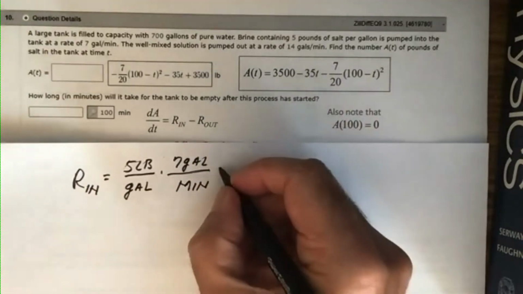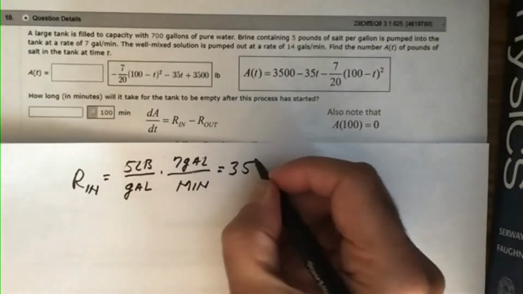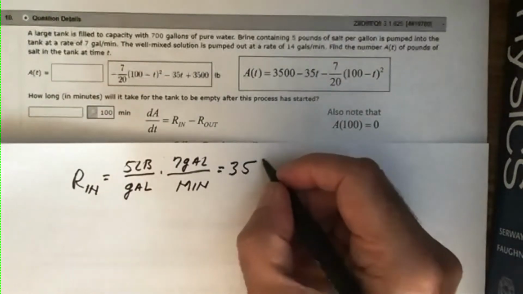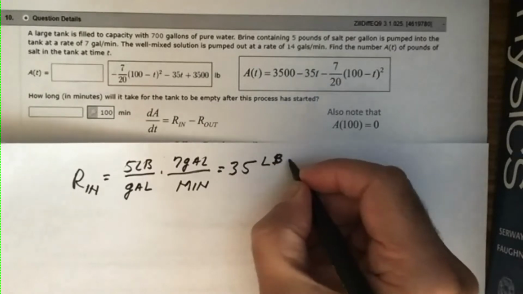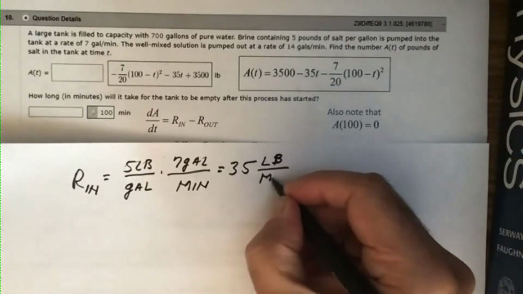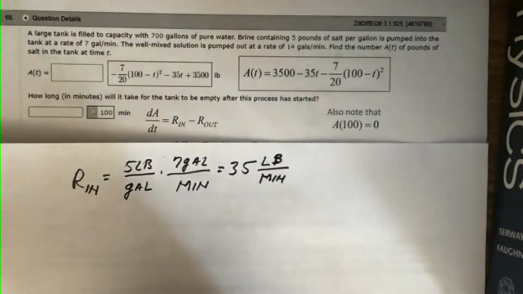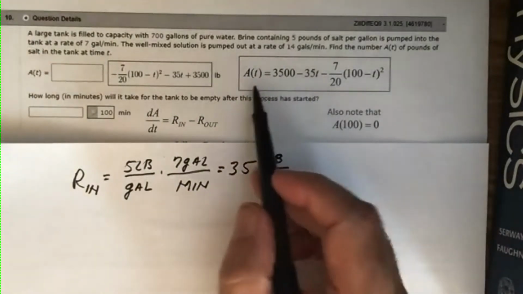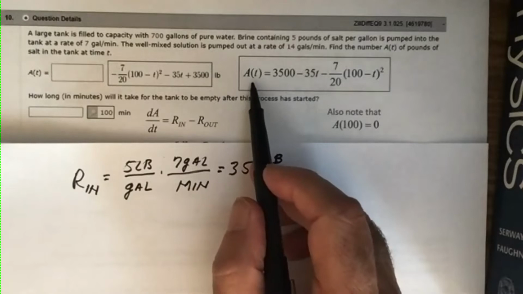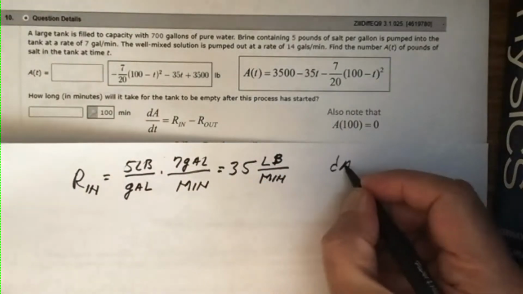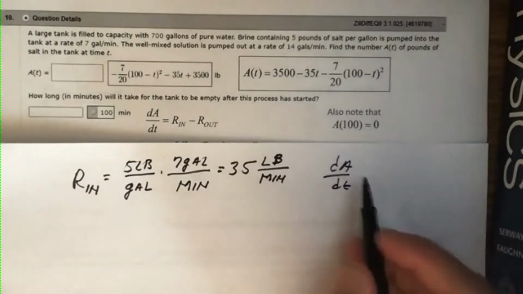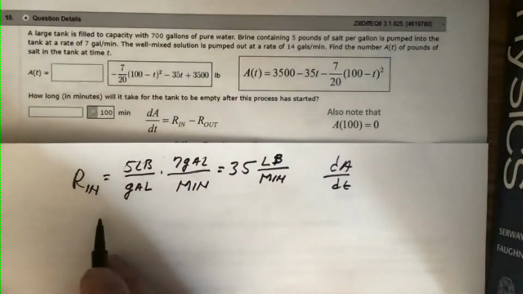So that's going to be 35 pounds per minute, right? 35 pounds per minute. Remember, A is the amount of salt, and this is per unit time, so the A prime units have to be pounds per minute. So that's the rate in.